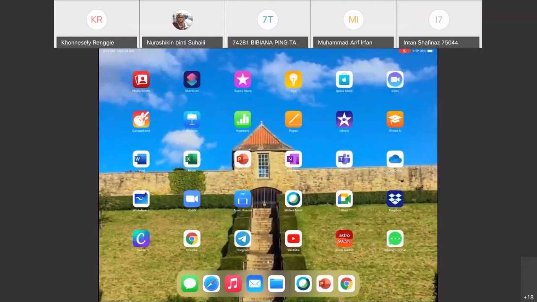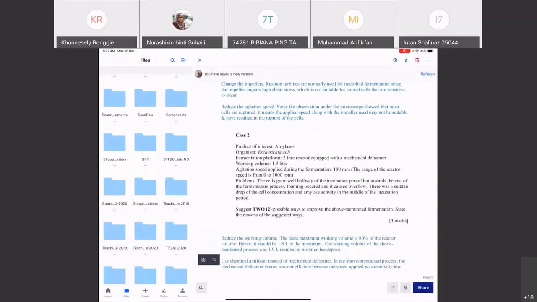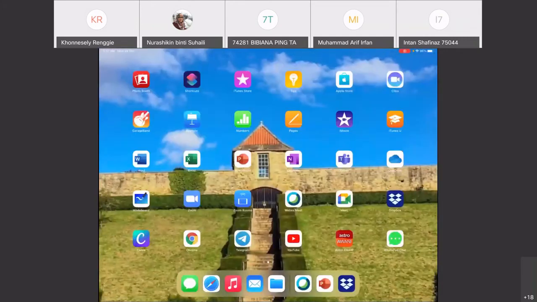Do you have the T table with you? You can refer to your T table. Let me open the T table.